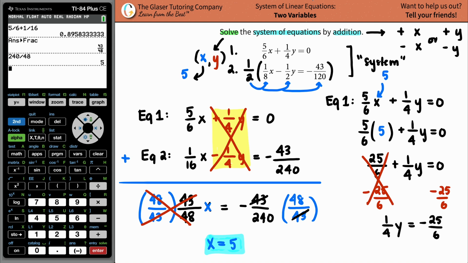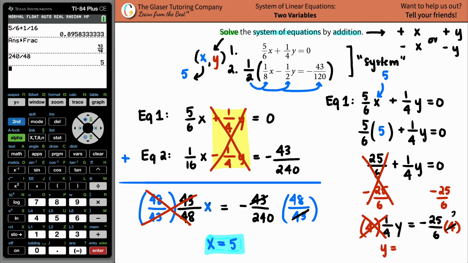So we'll do the same thing as what we did before. If it's 1 over 4, we can multiply by 4. This will cancel out because it's 4 over 1. And then just multiply this by 4, which is 4 over 1. So y equals, let's see here. The 4 and the 6 can simplify. They both have 2 in common.